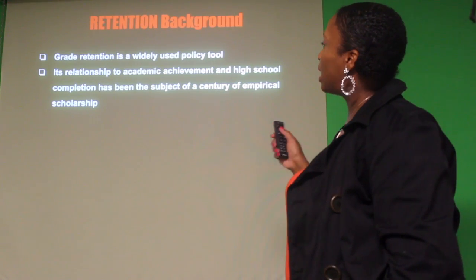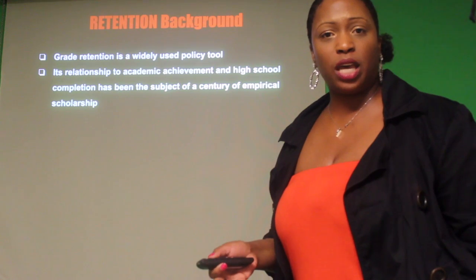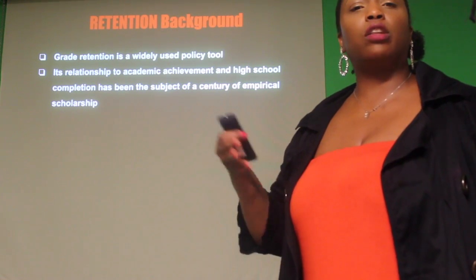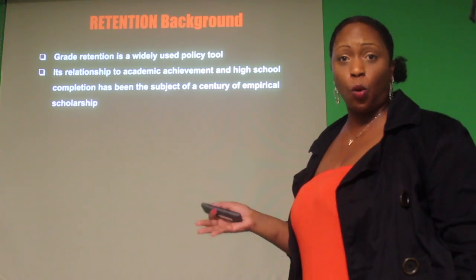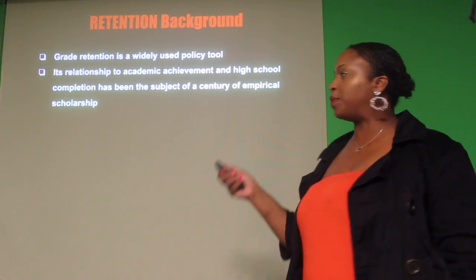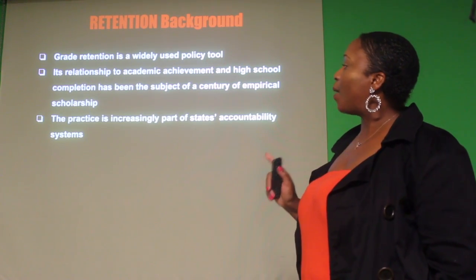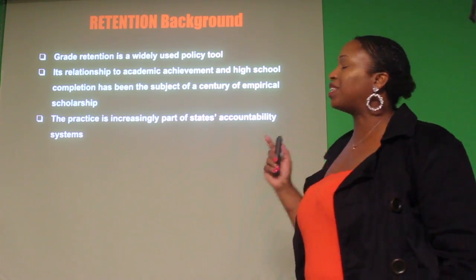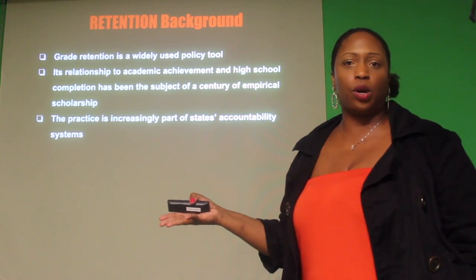Its relationship to academic achievement and high school completion has been the subject of scholarly research for over a century, as I mentioned before. So this is something that has been studied. Okay. The practice is increasingly part of a state's accountability system. So that's what I was essentially saying before.